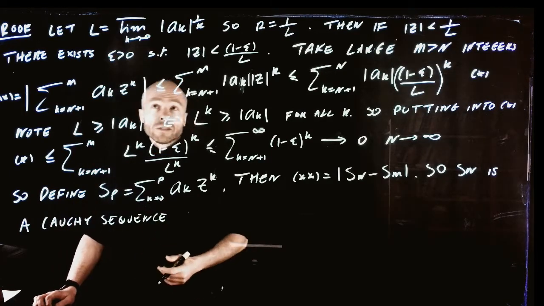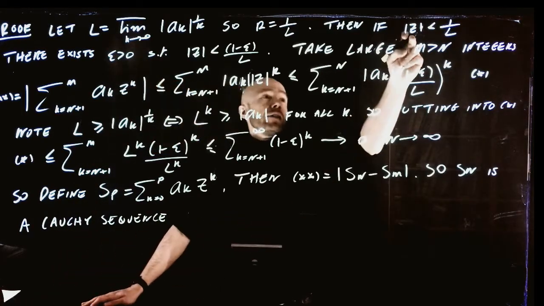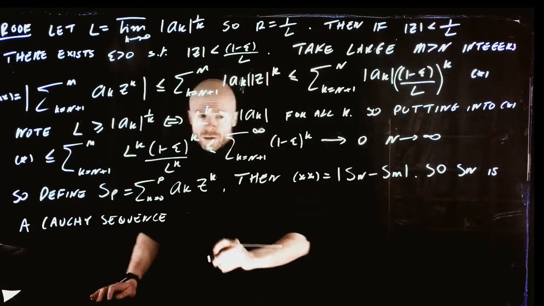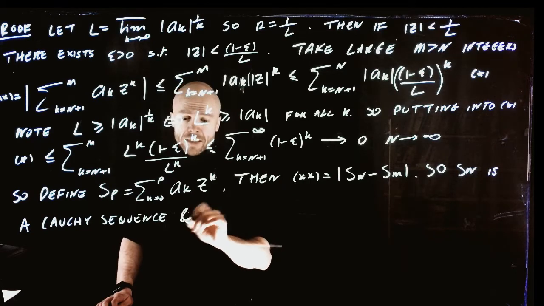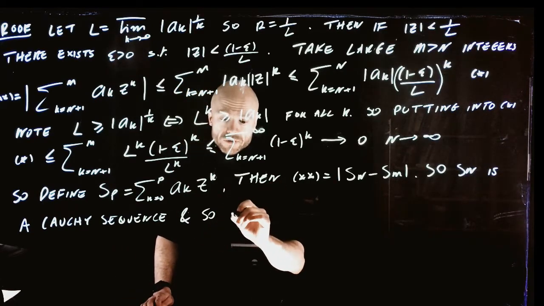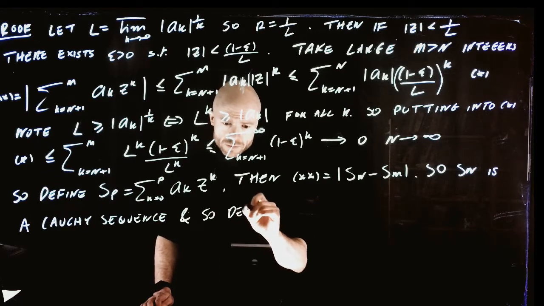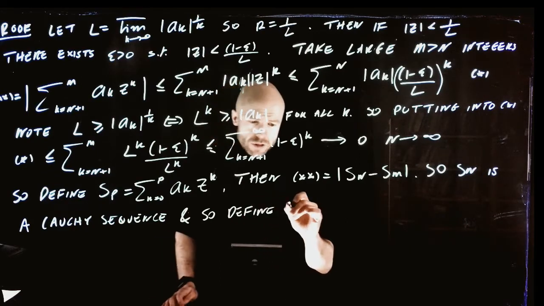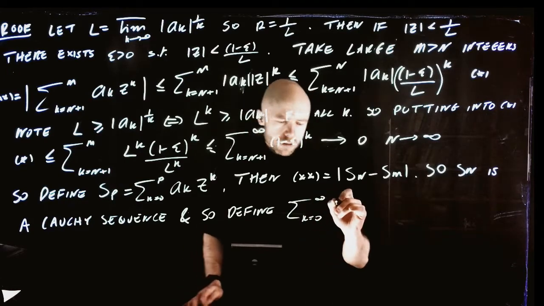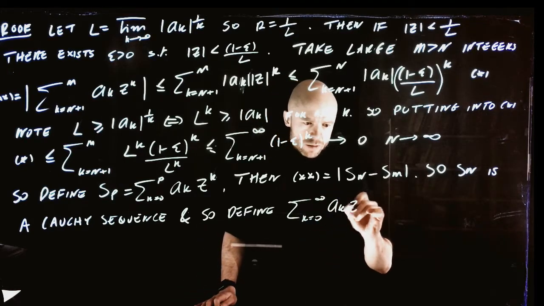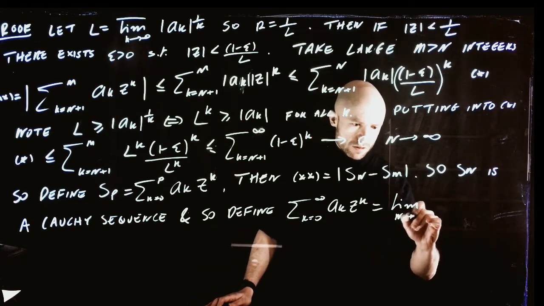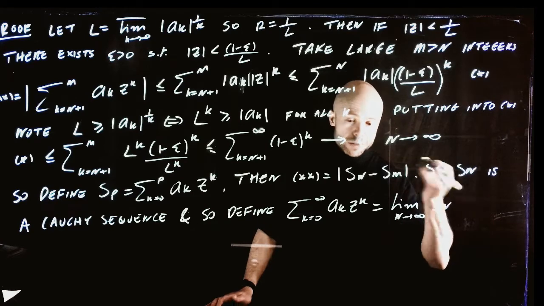these S_n partial sums are a Cauchy sequence, for any fixed z where z has absolute value less than r, which is 1 over L. Yeah? So S_n is a Cauchy sequence, and therefore has a limit, and therefore we can define this infinite sum, k equals 0 to infinity, a_k z^k, to be the limit of this Cauchy sequence, which exists.